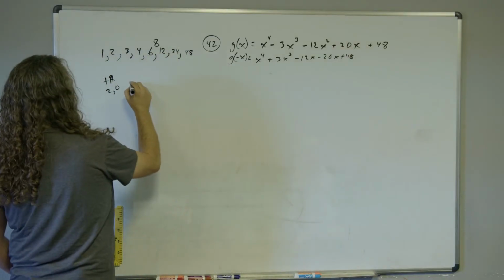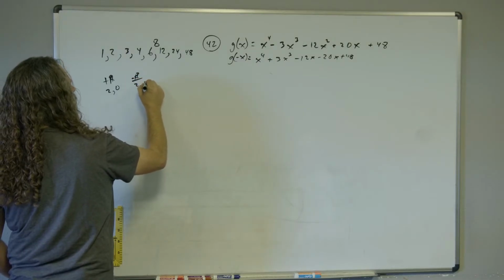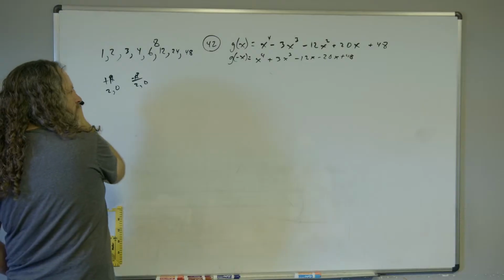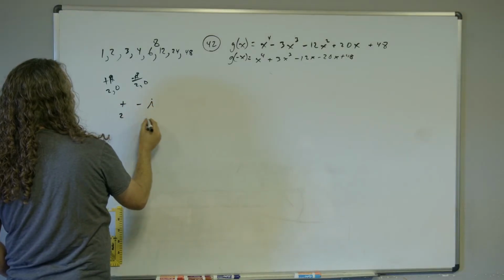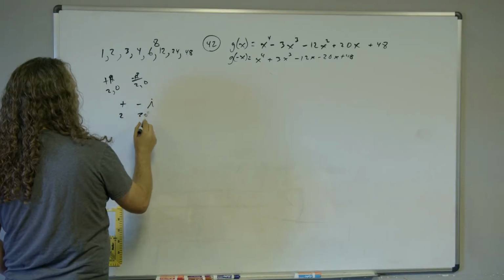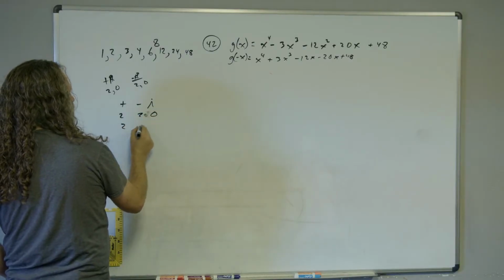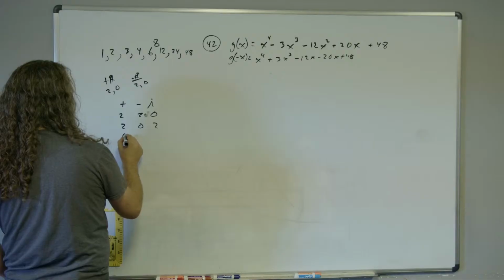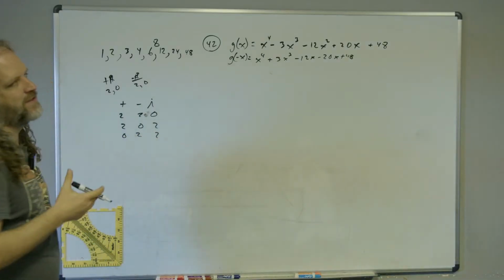So there's either 2 or 0. So there are either 2 positive ones and 2 negative ones and no imaginary ones, or there's 2 and 0 and 2, or there's 0, 2, and 2, right? Which doesn't help a lot.